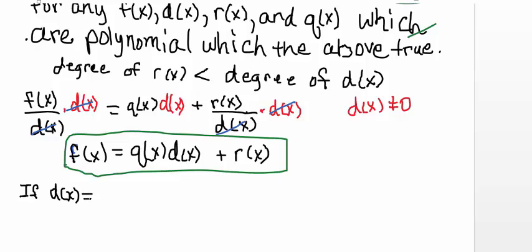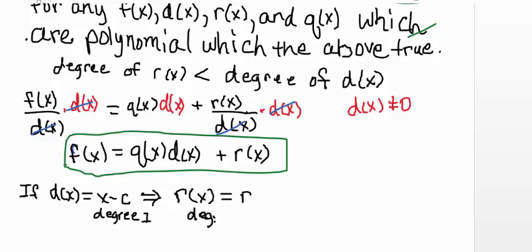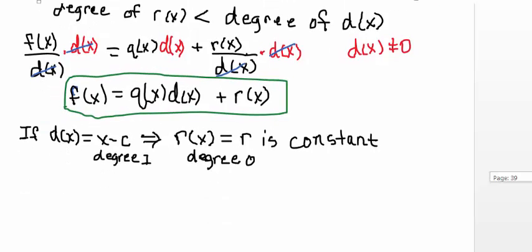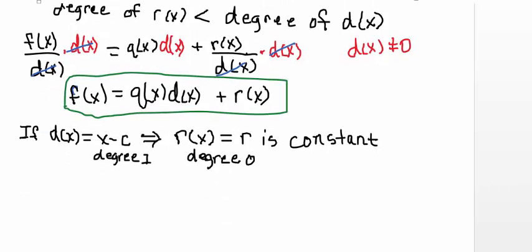Now if d of x is of the form x minus c, then notice that the degree of x minus c is 1. R of x will simply be, the remainder will simply be a constant. Its degree has to be less than the degree of the divisor. So if the divisor degree is 1, the remainder degree has to be 0. So it's a constant.